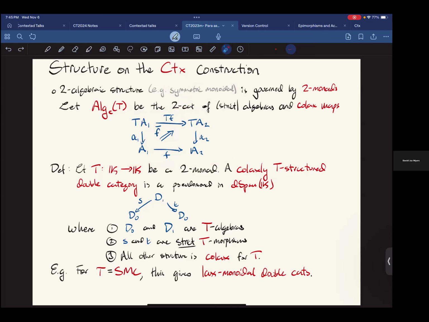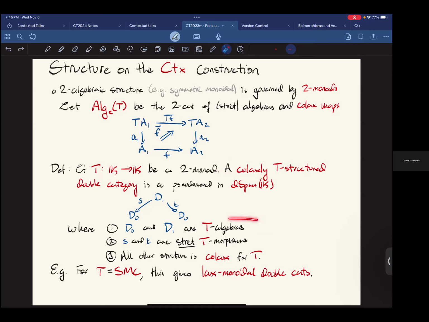and what this is going to be in the case of T equals the symmetric monoidal category monad, it will be a lax monoidal double category. So what a colaxly T-structured double category is, it's a pseudo-monad in D-span, right?